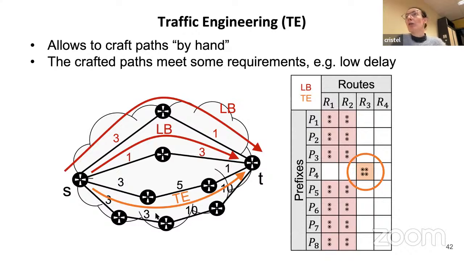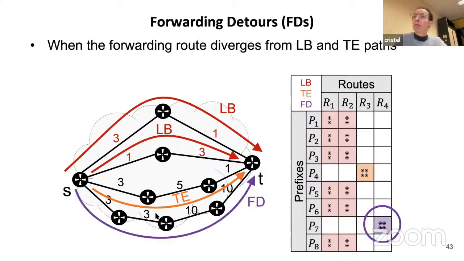Now another normal behavior is that for some paths, the operator will want to do some traffic engineering. It may be using segment routing, as I showed before, or using MPLS. For these, we expect that it will be done on a prefix basis, and then for all the trace routes towards this prefix, you will observe the same paths. We assume that this is the exception compared to the load balancing case.